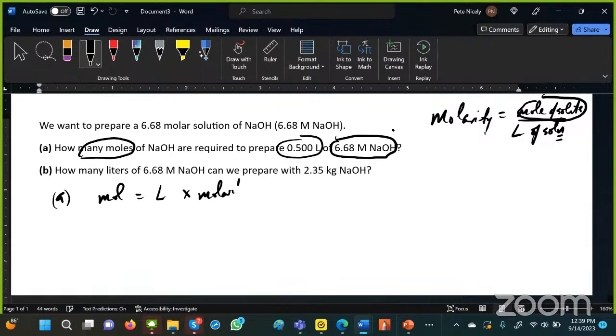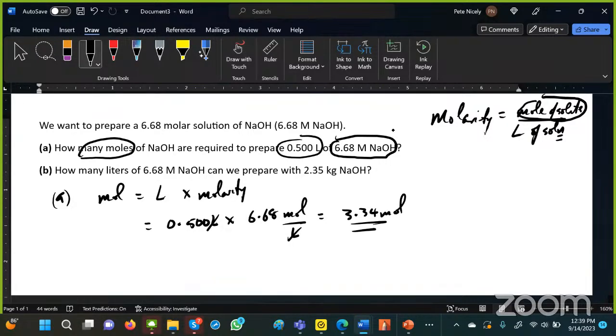They gave you the volume in liters, which is 0.500 liters, multiplied by the molarity, which is 6.68 M, which is the same thing as moles per liter. Just by looking at this, I can say that the answer is 3.34 moles. And that's how that is done.